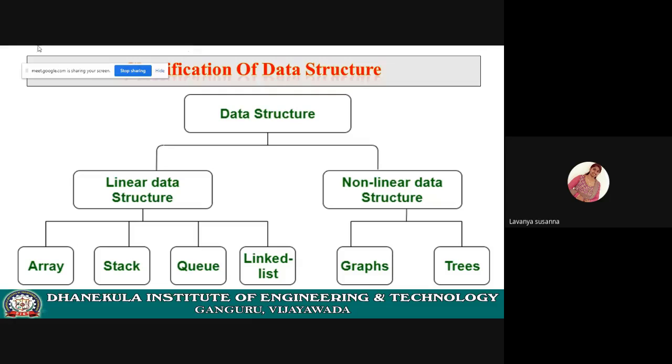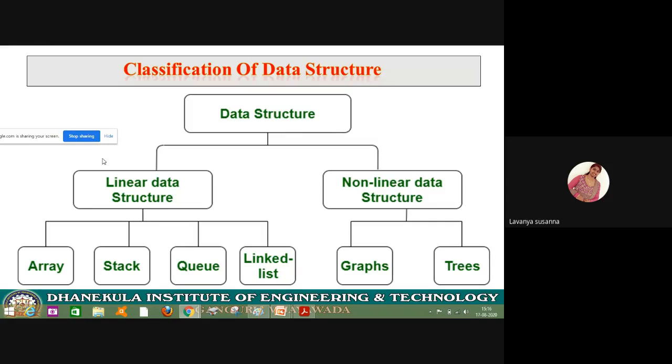Next. Classification of data structure. There are two types of data structures, linear data structure and non-linear data structure. Listen carefully. Again, I will activate the live poll. You can submit the answer after this explanation. First one is a linear data structure. Second one is a non-linear data structure. Linear data structure means the way of organizing the data in some sequential order.